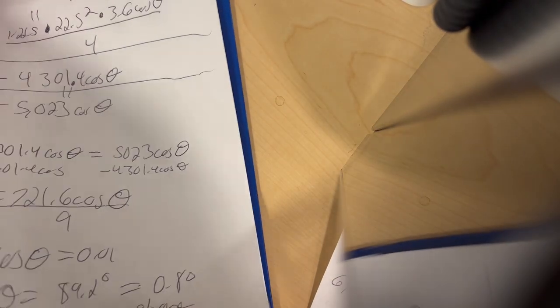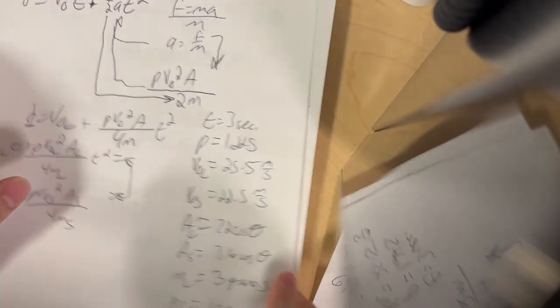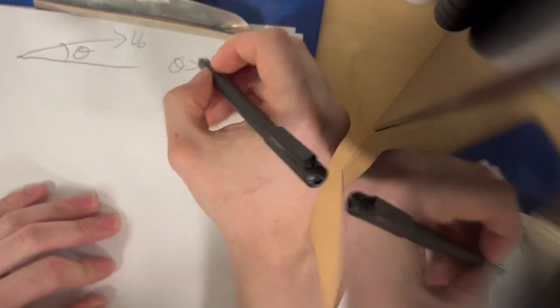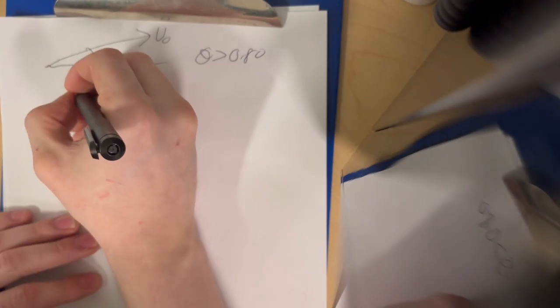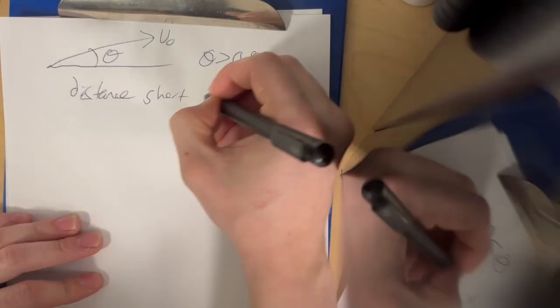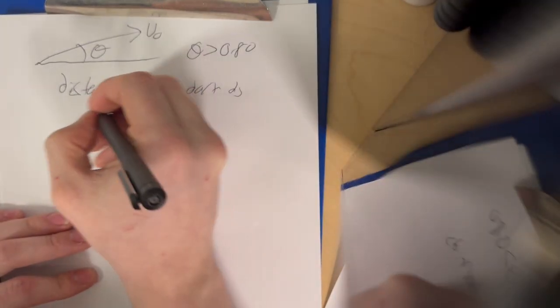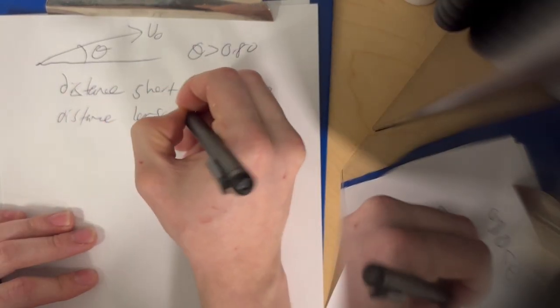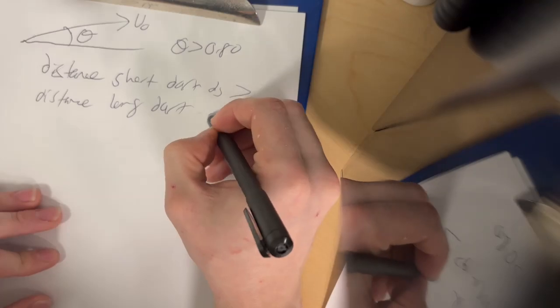So, with that information, we can conclude that as long as your angle above the horizontal, theta, is greater than 0.8 degrees, the distance of a short dart is going to be greater than the distance of a long dart, dL.